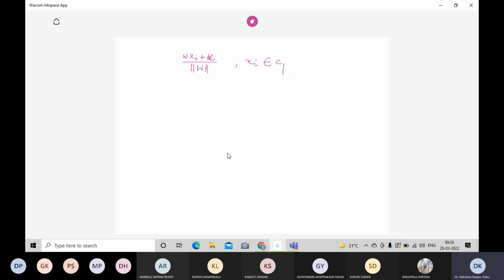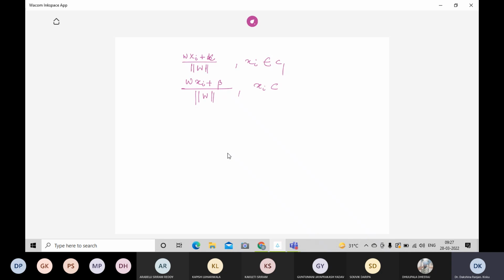Okay. Similarly, we can consider class C2 or negative class. So we can write (w xi plus beta) divided by the norm of w. This distance we obtain for the negative class C2, where beta is the distance between point xi and the margin which is used for class C2.